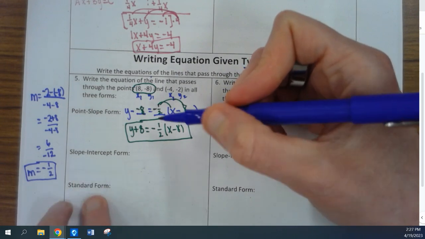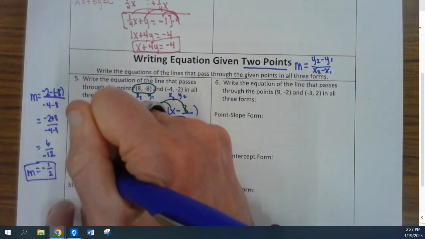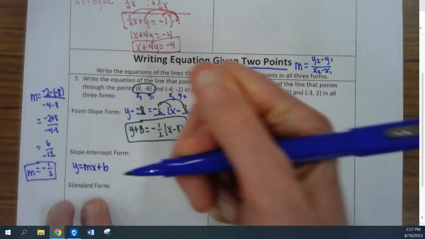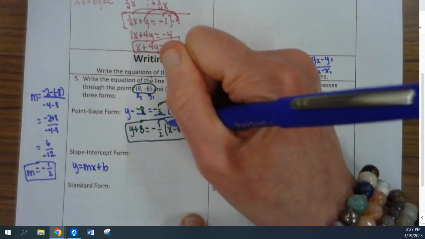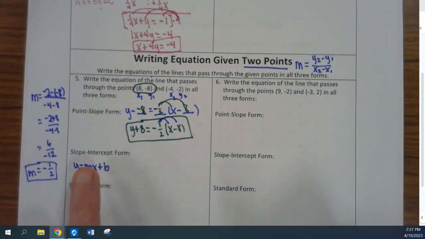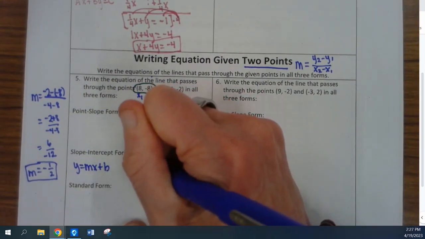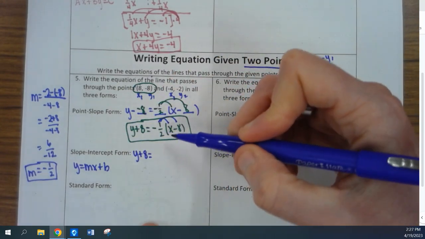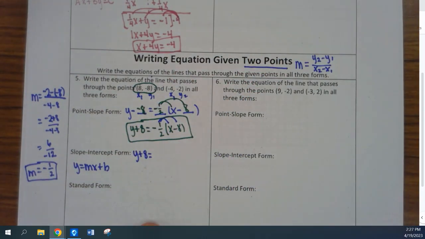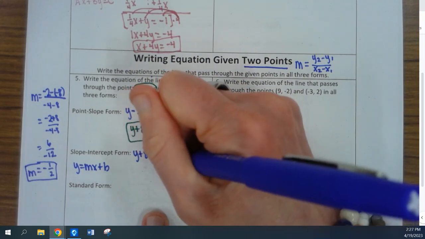If I want to get it in slope intercept form, that's where I want the y by itself. So no parentheses and the y all alone. So we're going to distribute to clear the parentheses to start getting it into that form. The left side stays. So I would have -1/2 x when I multiply those guys.